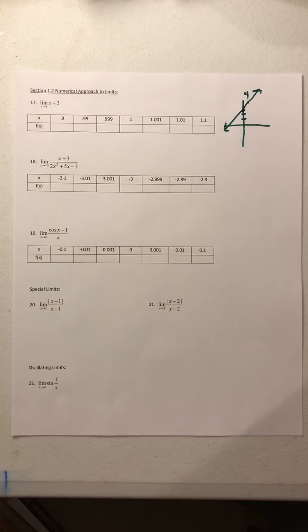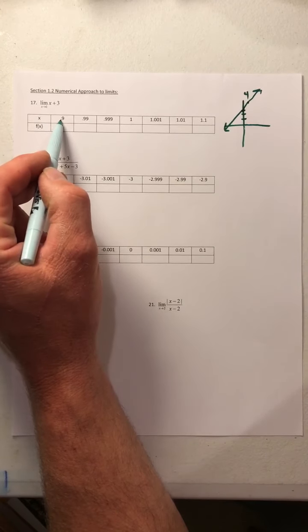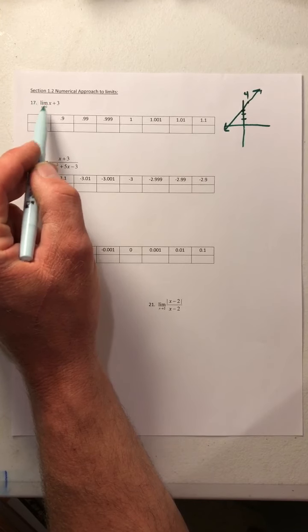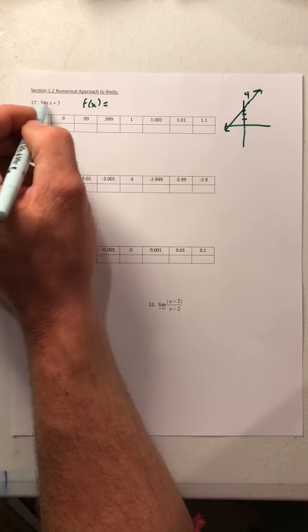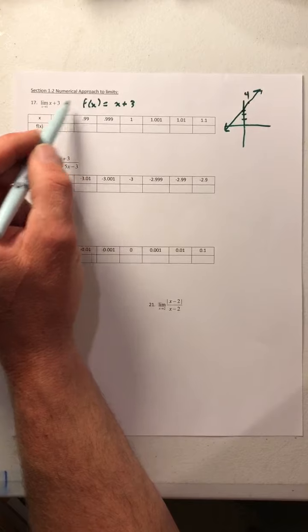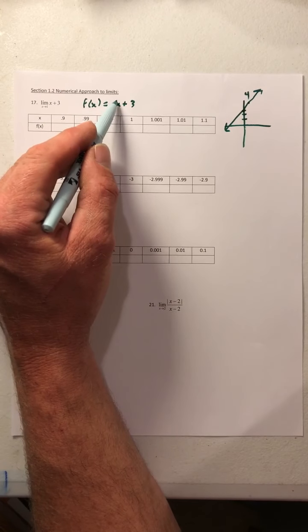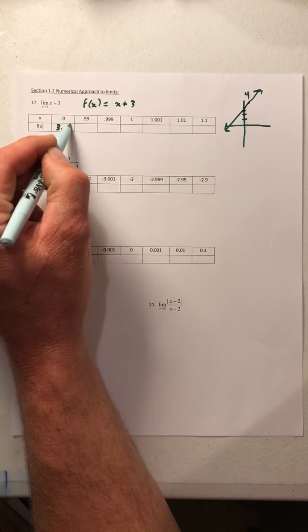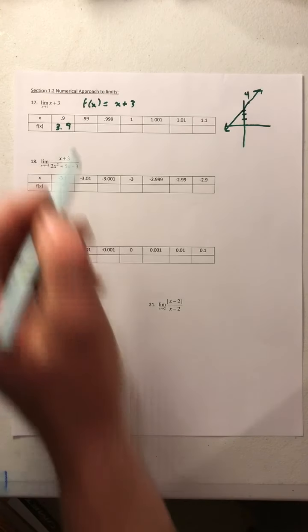And we did table of values way back in Algebra 1, so hopefully everybody can do that. So here I'm going to tell you that x equals 9/10. I'm going to ask you to find f of x. Well, again, our f of x function here was that x plus 3. That's what we're taking the limit of. So if I look at f of x as x plus 3 and our x value is 9/10, I plug in 9/10 in for x, I end up with a value of 3.9 or 3 and 9/10.